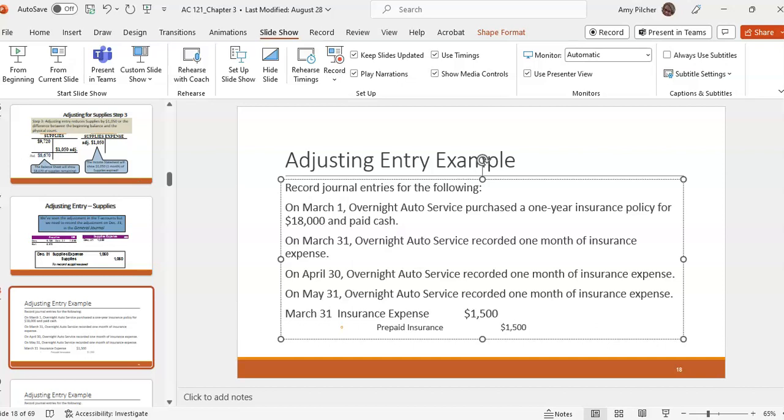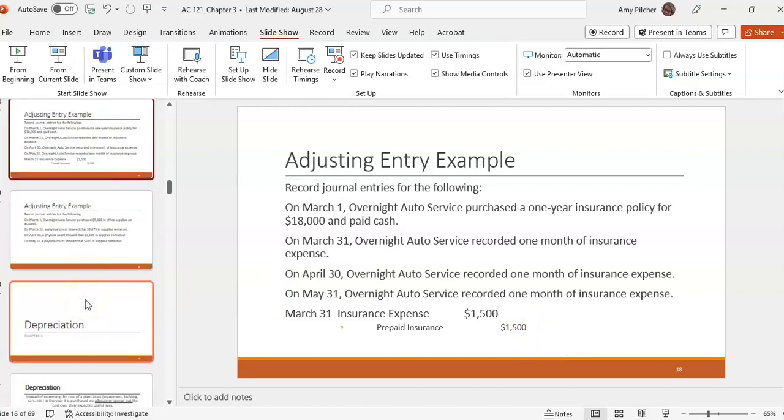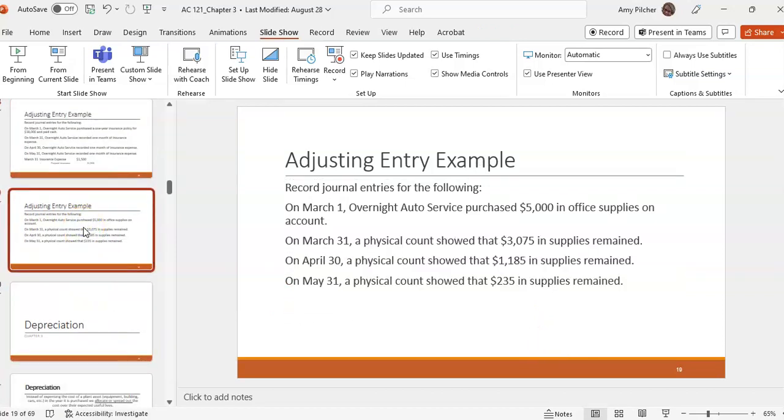And so the journal entry to record a month of insurance expense is a debit to insurance expense and a credit to prepaid insurance.